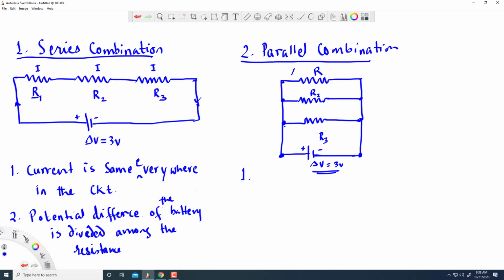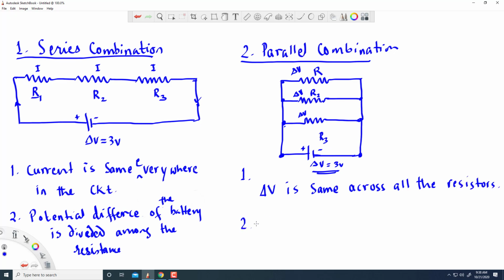So, delta V, the potential difference, is the same across all the resistors. That is the first one.